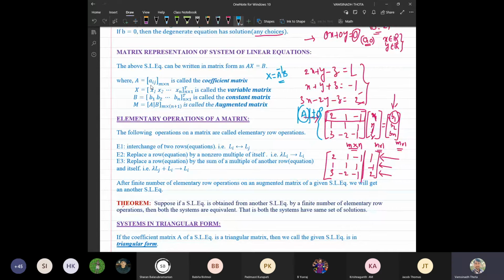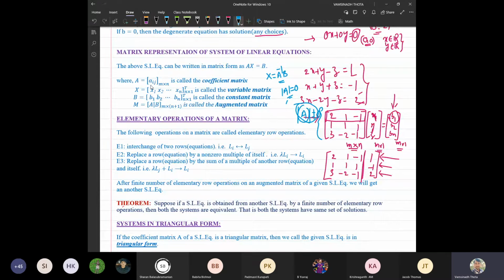But when the determinant of A is equal to 0, meaning the coefficient matrix is a singular matrix, then it does not mean that the solution does not exist. A non-singular coefficient matrix implies the solution exists and is unique. That is what we call the inverse method.